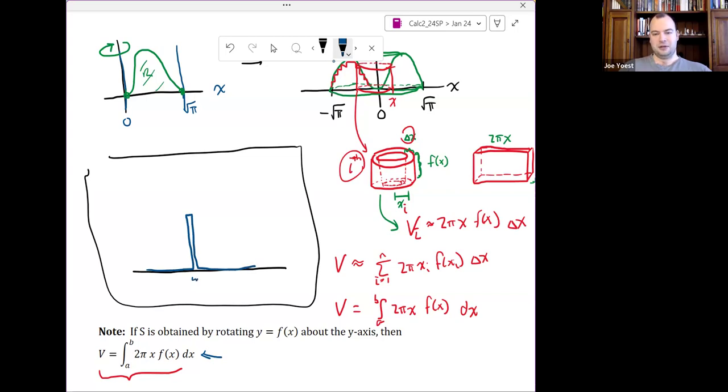Problems that fit really nicely into this mold, you can solve super well. But even if I take this very similar problem and say rotate about the axis x equals root pi instead, well, your formula doesn't work. You're at 0 ability to solve the problem.